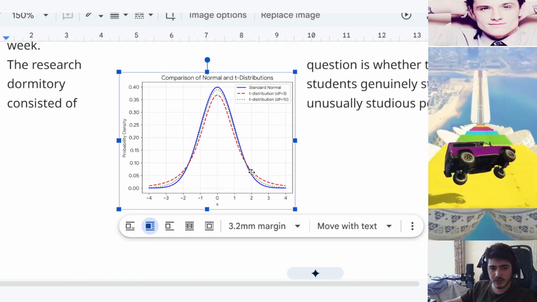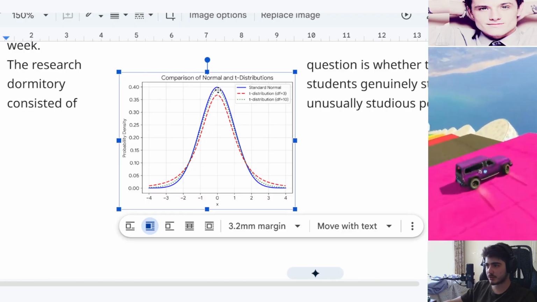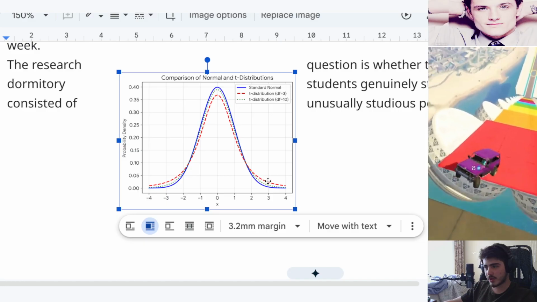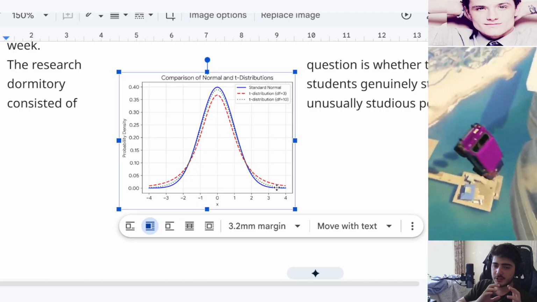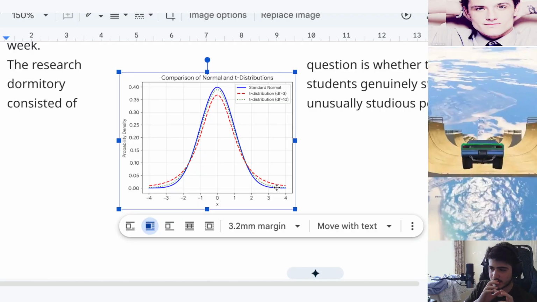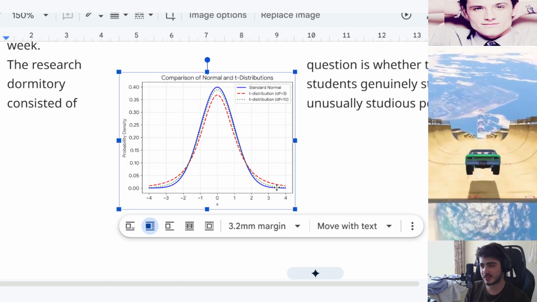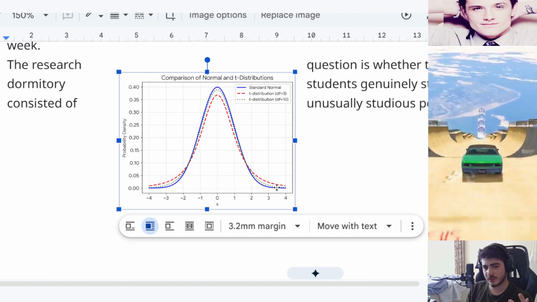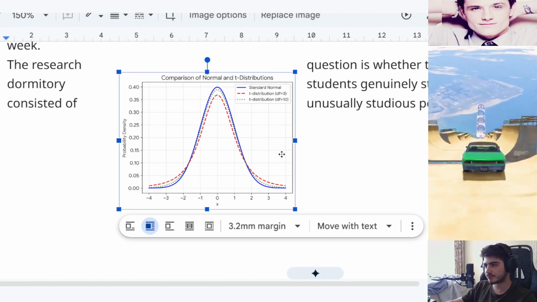So you see, the red lines are our t-distribution. You see how it's kind of thicker on the tails? It's because it's lacking some of the nuances that the population has. It has less extreme values, or rather more extreme values.